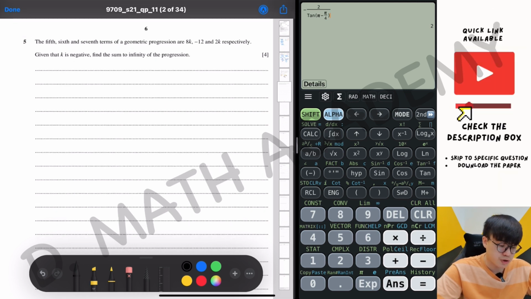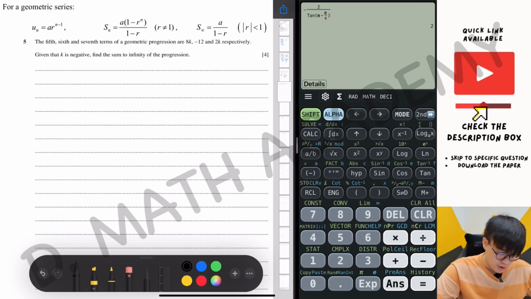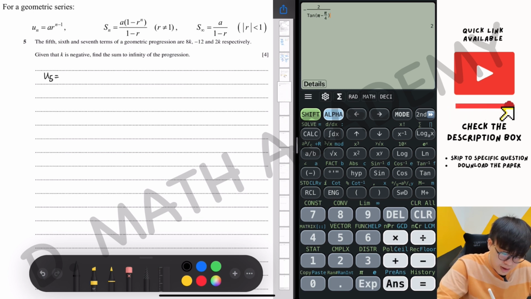A geometric progression. They specifically mentioned that the 5th term is 8k, the 6th term is -12, and the 7th term is 2k.